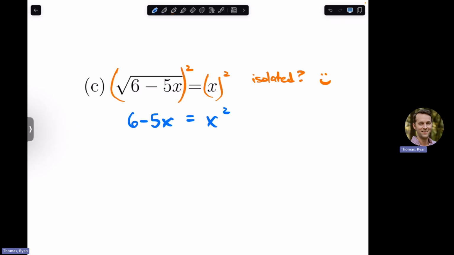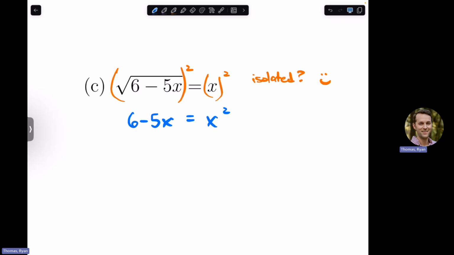So we took this equation that had a square root initially, we squared both sides to get rid of it, and now what do we have? A quadratic. Oh, man. Good thing we know how to solve quadratics, right? Look how many times we'd be up a creek if we didn't.